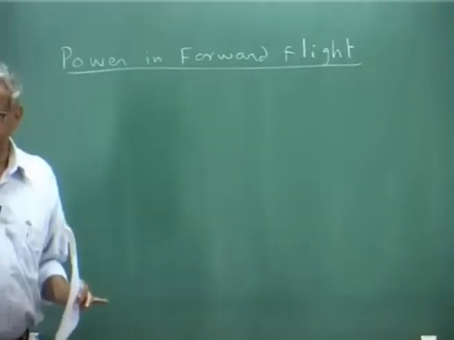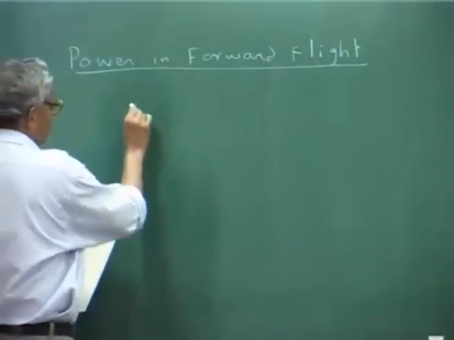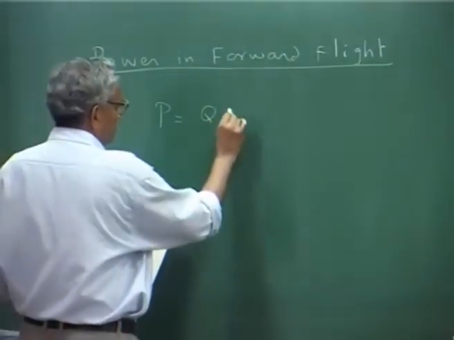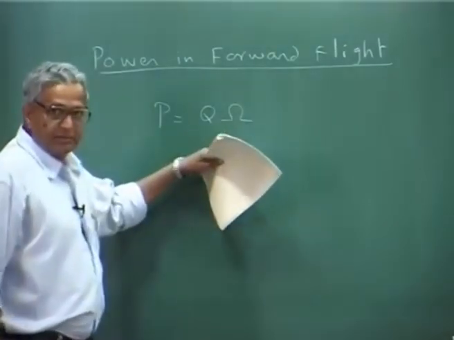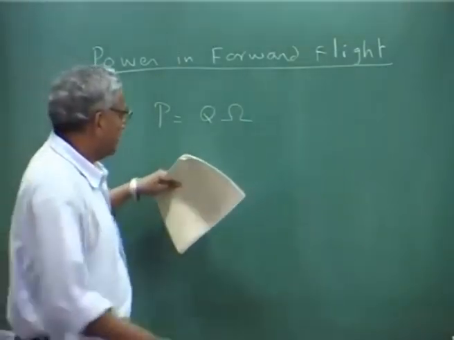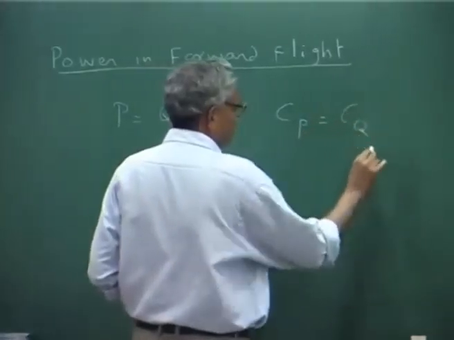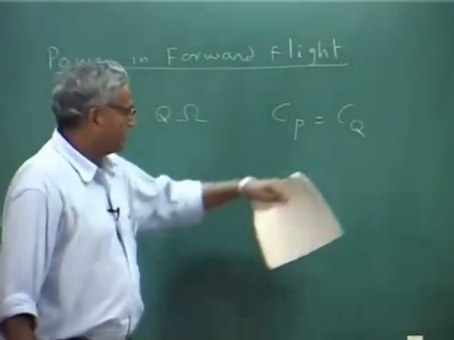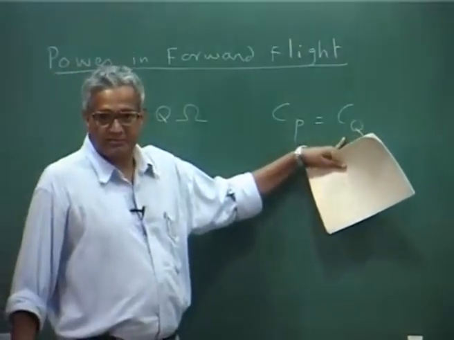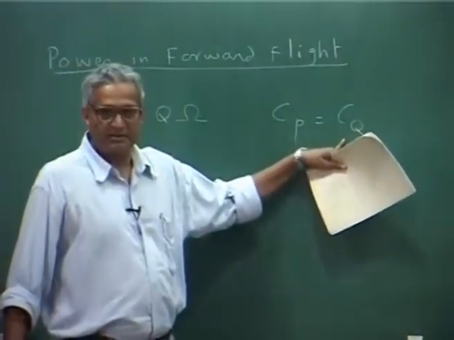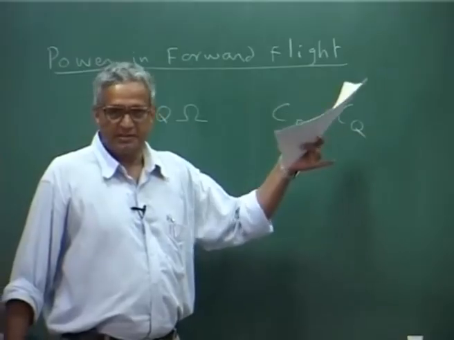Let us not bother about the tail rotor. Main rotor power is Q times omega. Omega is the rotor RPM. Now, we know earlier Cp is equal to Cq. So, I directly go and calculate the torque coefficient for the main rotor.